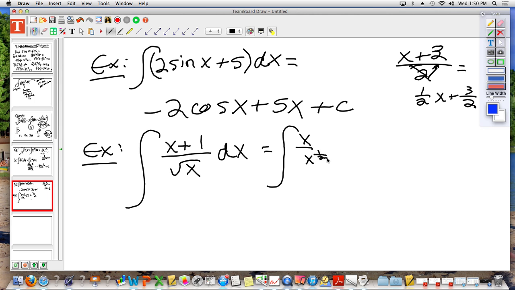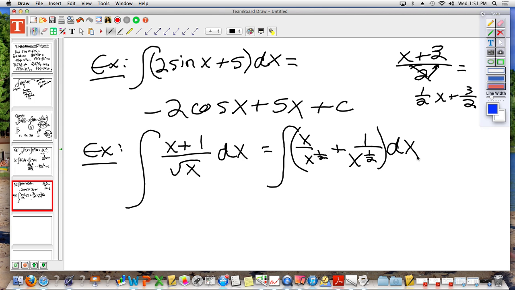Are you okay with that? The square root of x is x to the 1/2 power. Plus, now I'm going to take this 1 and divide it by x to the 1/2 power. So we have plus 1 over x to the 1/2 power. We are finding the integral with respect to x. Okay with that?